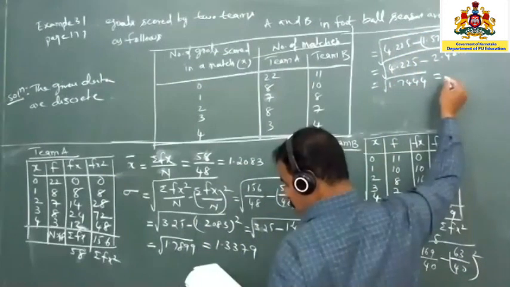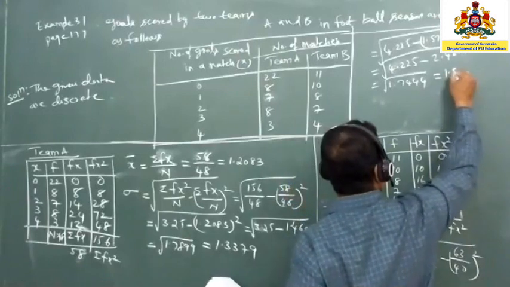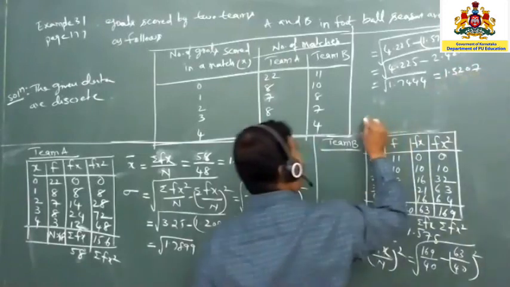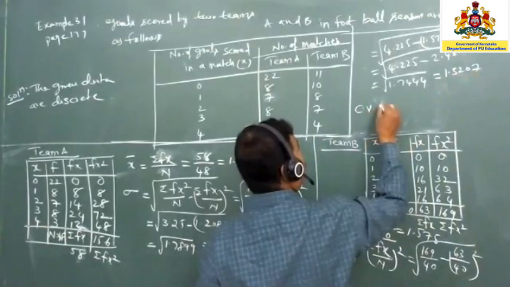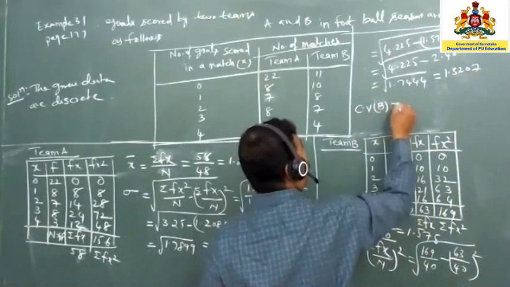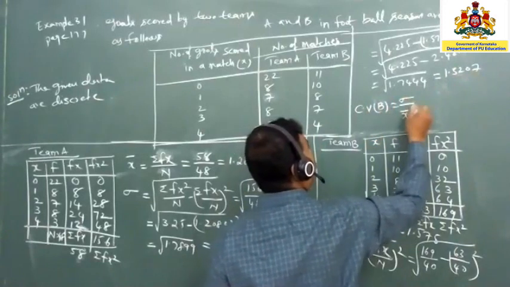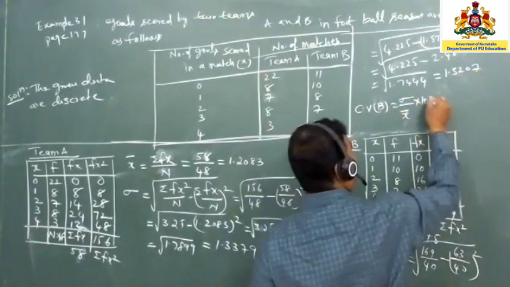Square root value is 1.3207. Then CV of team B equal to sigma by x bar into 100.